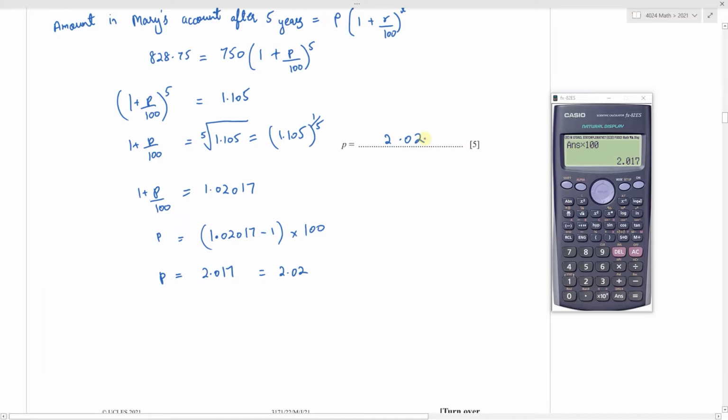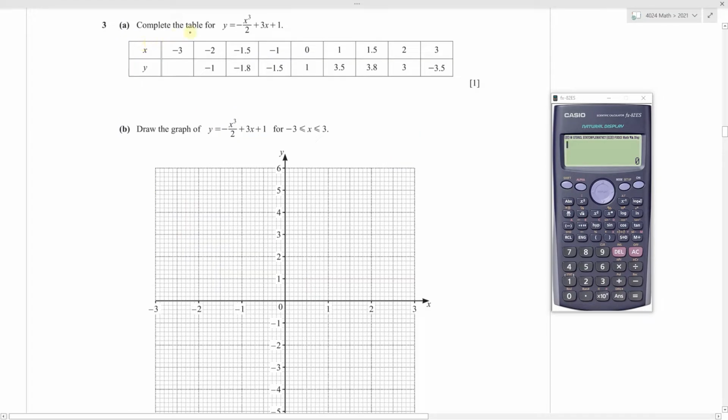Question number 3, part A: complete the table for y equals minus x cubed over 2 plus 3x plus 1. Our missing value is when x equals minus 3. So let's substitute: y equals minus (minus 3) cubed over 2 plus 3 into minus 3 plus 1.